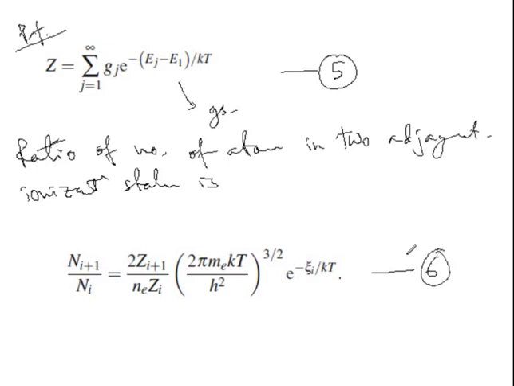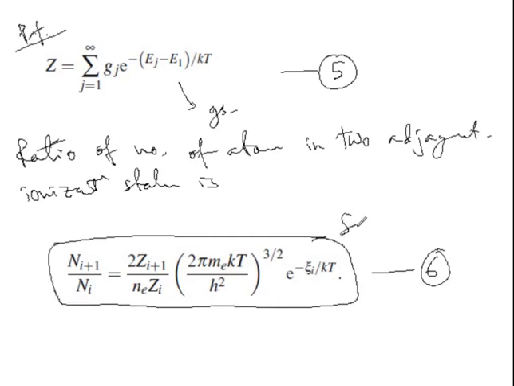This is the famous Saha equation. Now I am not going to derive this here. You students can refer to your statistical mechanics class. I am going to talk about the applications.